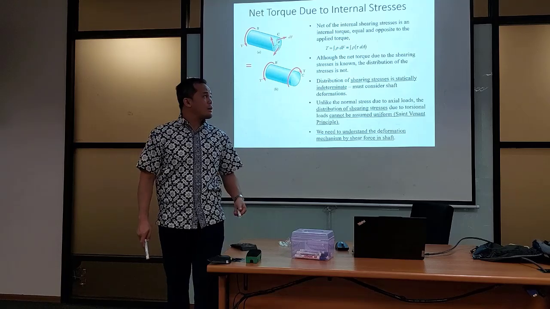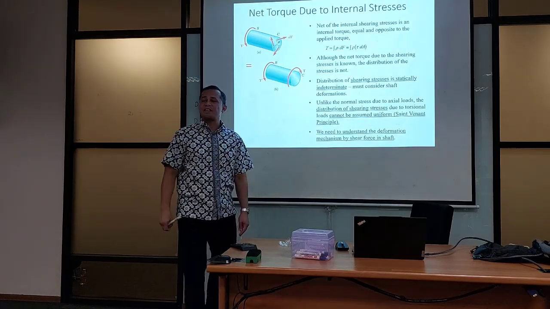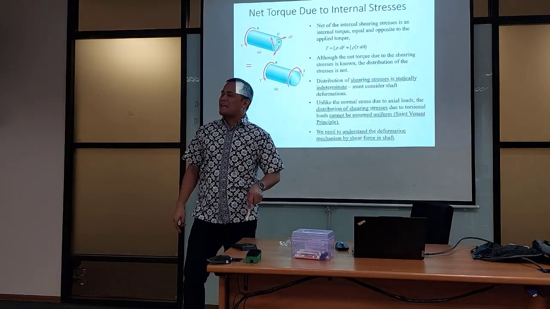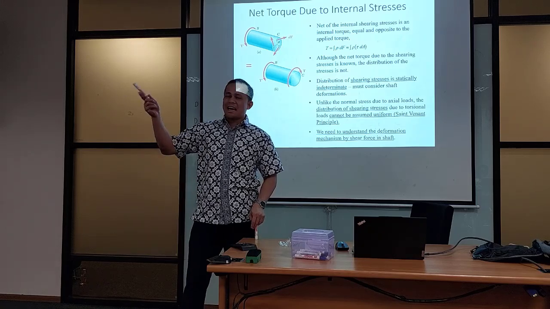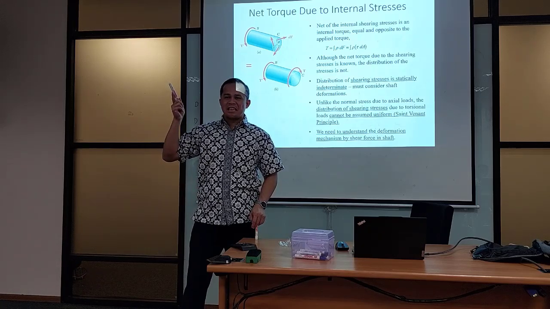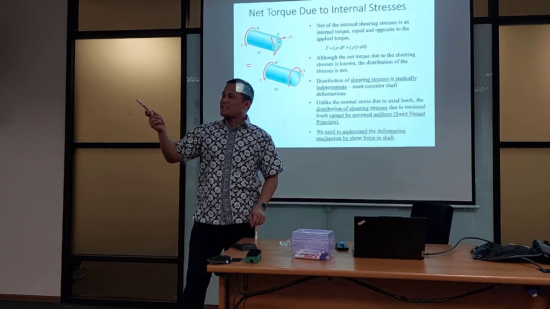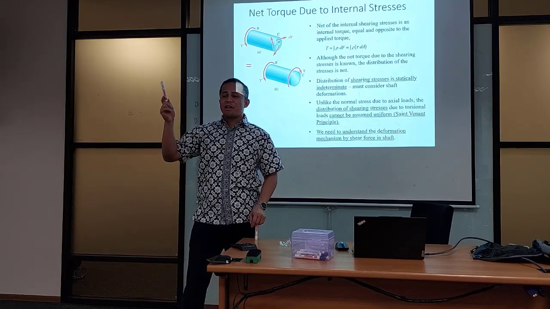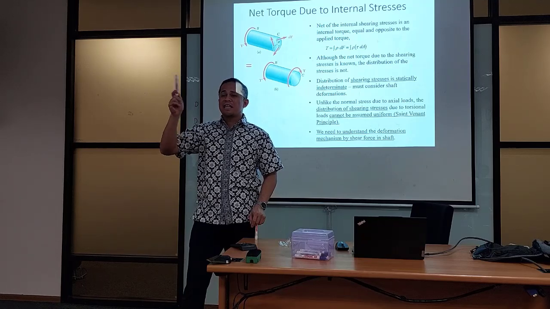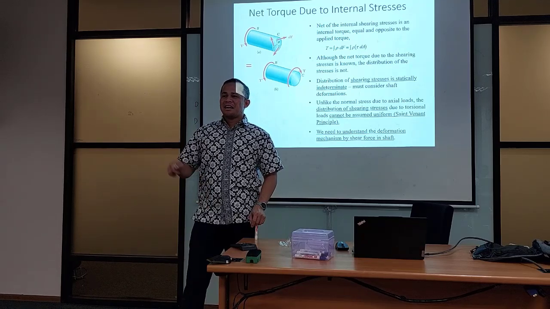Now the question is, how can we quantify tau? It is still in F. We need to change that F to T. Therefore, the function is not tau equal to F over A, but tau is equal to T over something.